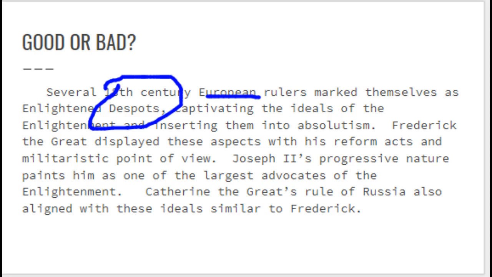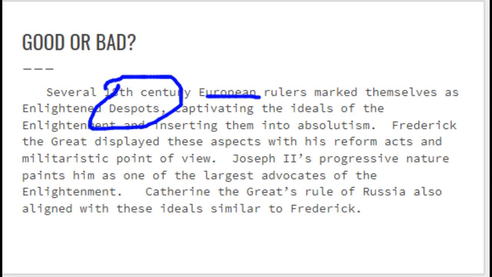Subthesis category 2, Frederick the Great. Does it really put Frederick somewhere on a scale of like 1 to 10? It kind of just says he displayed these aspects with his reform acts and his militaristic point of view, which, though, I got to be honest, are kind of contradictory, right? Reform acts, sure, those are enlightened, but his militarism, not really all that enlightened.